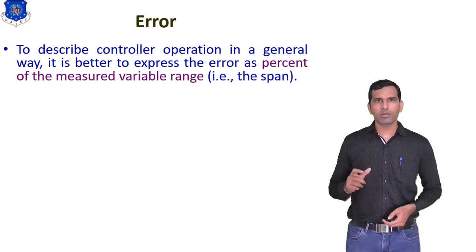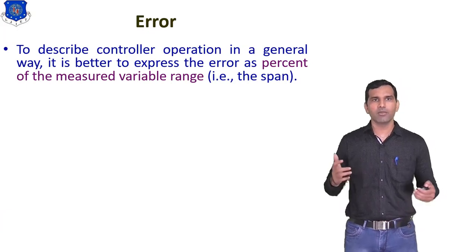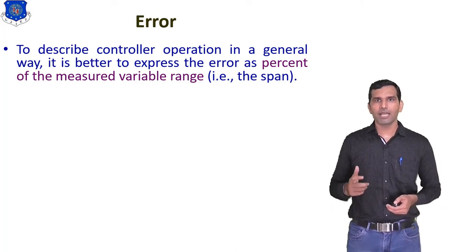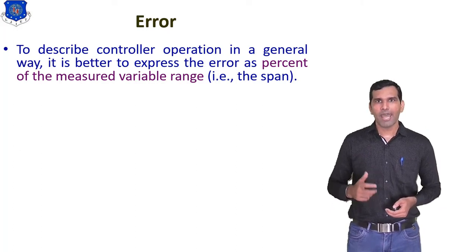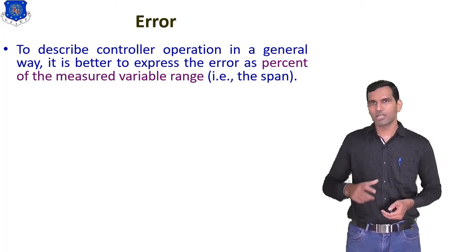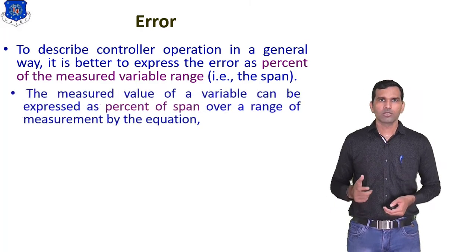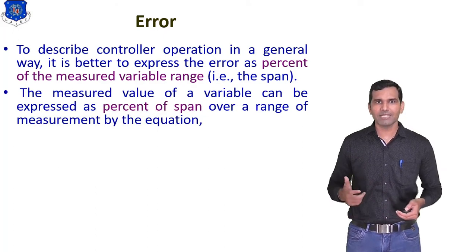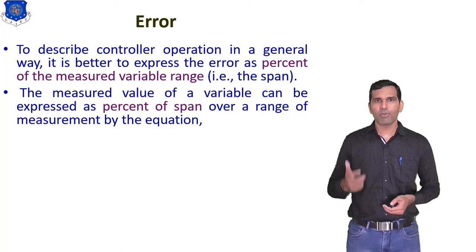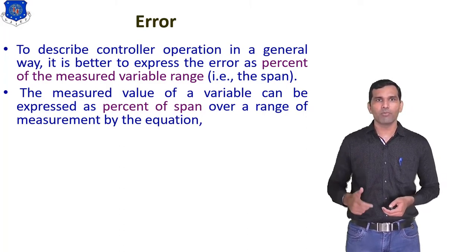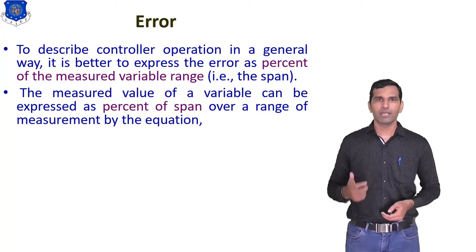To describe controller operation in a general way, it is better to express the error as a percent of the measured variable range, or the span. So the measured value of the variable can be expressed as a percent of span over a range of measurement by the equation.